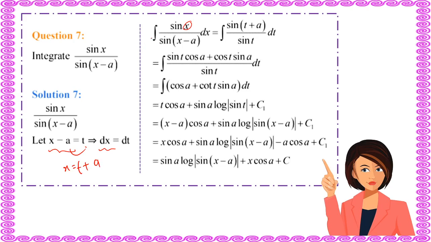So it will be sine of t plus a upon sine of x minus a, and x minus a is t only. Now we are using the sine a plus b property, that is sine a cos b plus cos a sine b. Now if we split it, sine t will cancel, and cos t upon sine t is cot t, and sine a. Now let's integrate. You know very well how to integrate these functions.